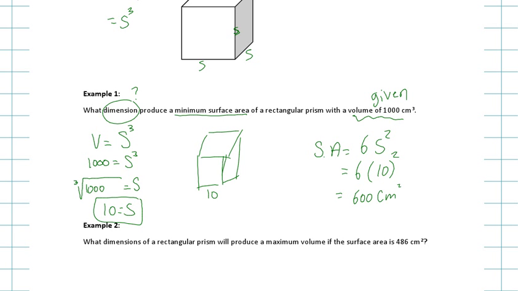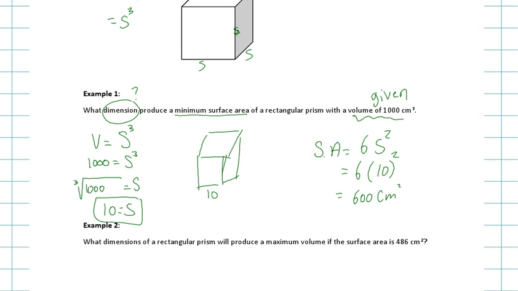I know that my side is 10, so it's going to be 6 times 10 squared. Are we okay with this?